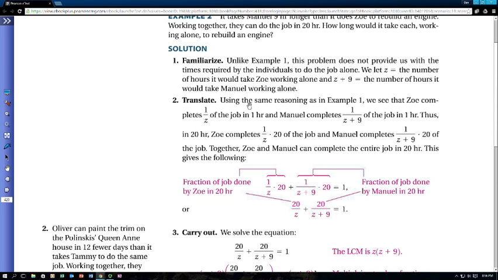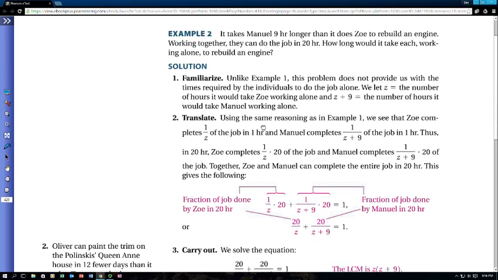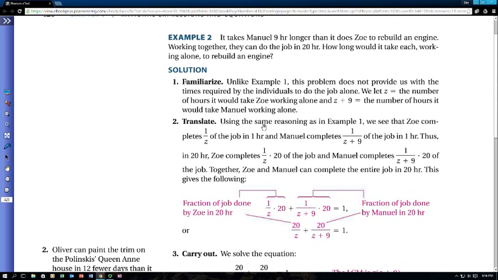So again, let's step back to example 1 to fit this in here. Let's say I did know Zoe took 5 hours to rebuild this engine, and then what would she do in 1 hour? Well, she'd have 1/5 of the job done in 1 hour. Well, how many hours would it take Manuel to rebuild an engine?